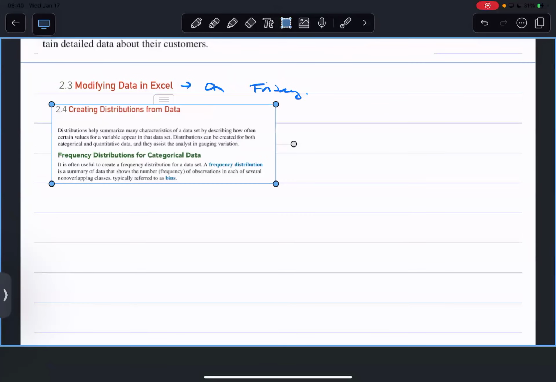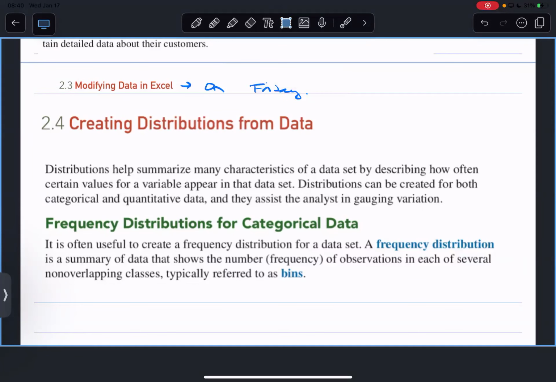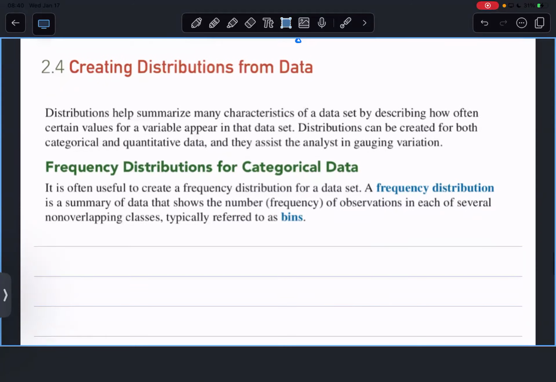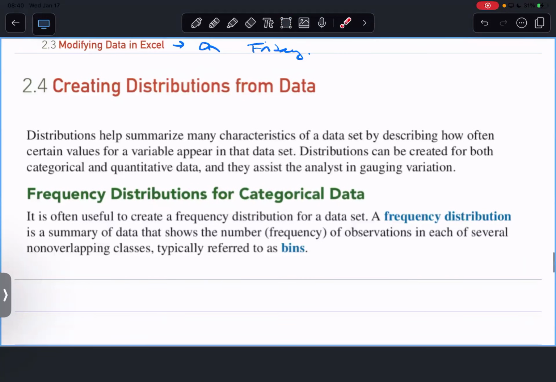So as we saw, categorical data is kind of the more basic data type that we have. So we'll start there and get it out of the way, and then we'll move into quantitative or numerical data. When we're looking at distributions from data, what are we looking at?